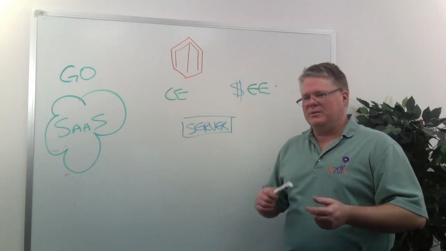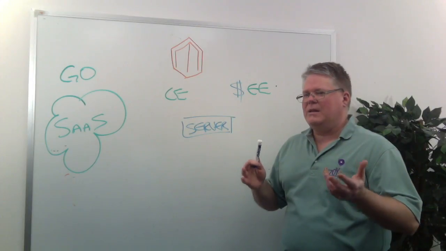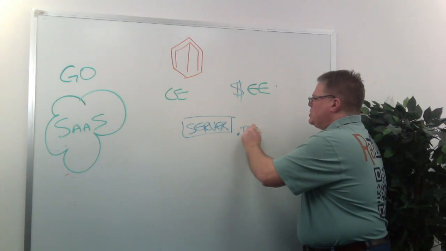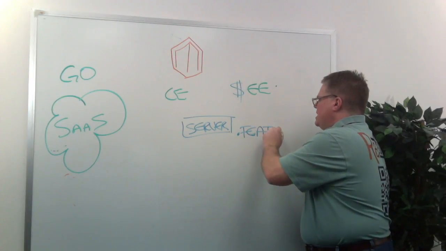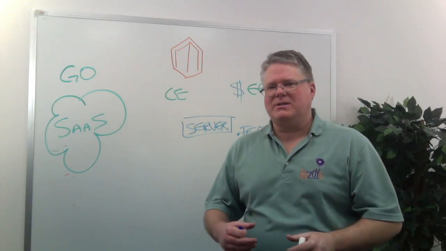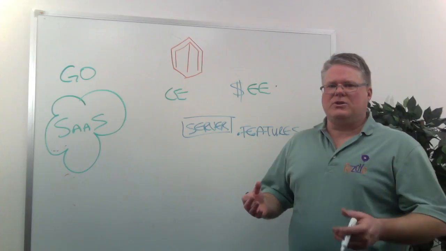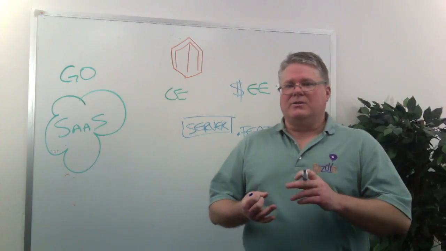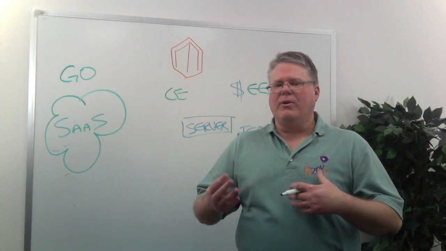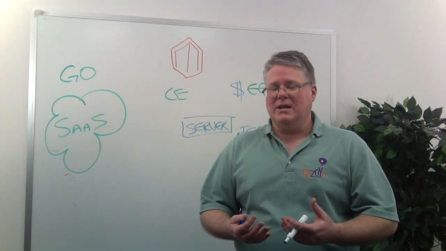The Enterprise Edition differs from the Community Edition in 3 important ways. So the first one is that there are some features of the software, some things that you can do with Enterprise Edition out of the box that are not included in the Community Edition. Some of those features include private sales, customer segmentation, and returns management. There are other important features in the Enterprise Edition that are not included in the Community Edition.